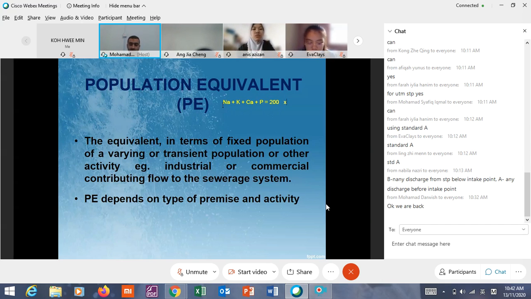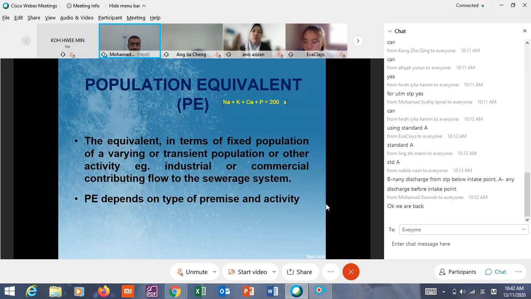Right? We have hotels, we have hospitals, we have schools, we have houses. Okay. So what is the equivalent? The equivalent is the population. So that comes to a term or a definition, which is the PE, population equivalent.